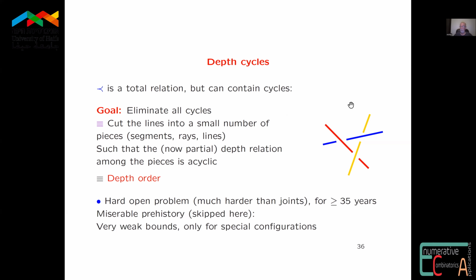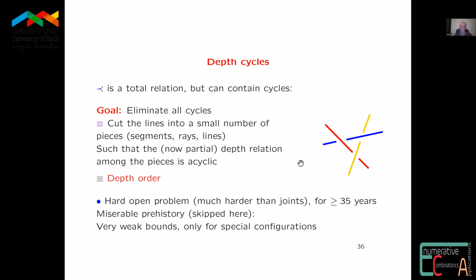And if we manage to eliminate the cycles, that means that there will be no cycles in this partial order, and then we will get a depth order, so-called. In this example, it's enough to cut one of the lines, say the red line, somewhere here, and the cycle is done. Now the left part of the red line lies above the blue, which lies above the yellow, which lies above the second part of the red line, so there are no cycles.